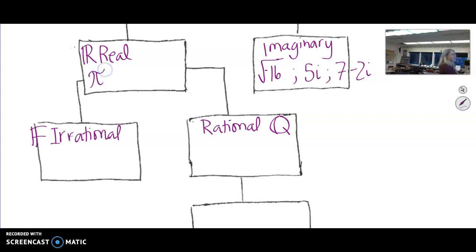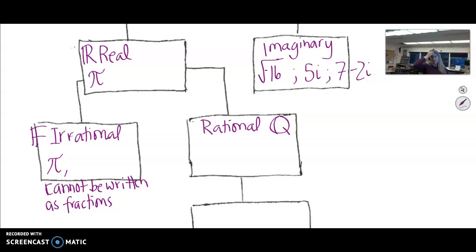So pi, which is going to also fit into irrational. Irrational numbers are numbers that cannot be written as fractions. And they are numbers that, in their decimal form, never end and never repeat.